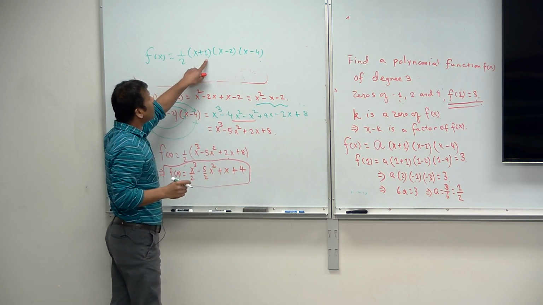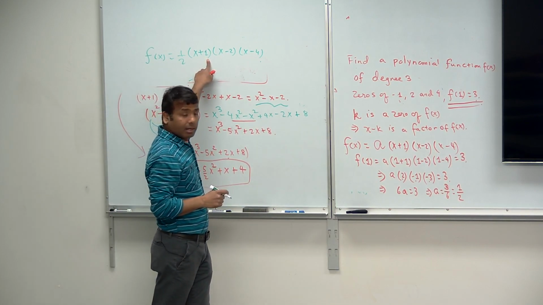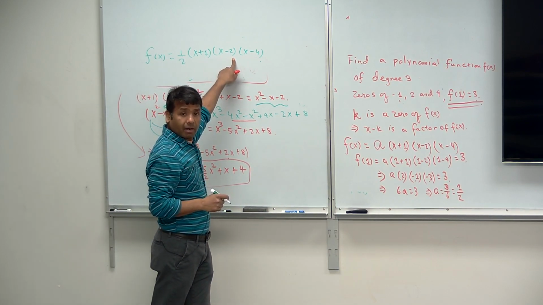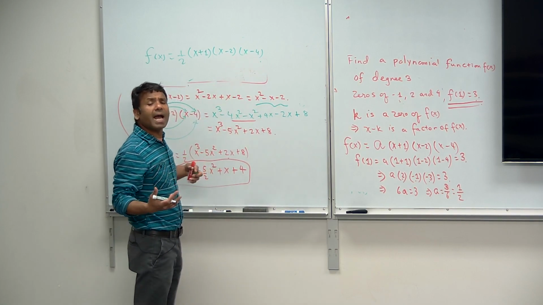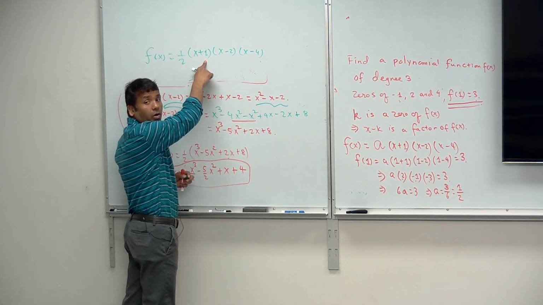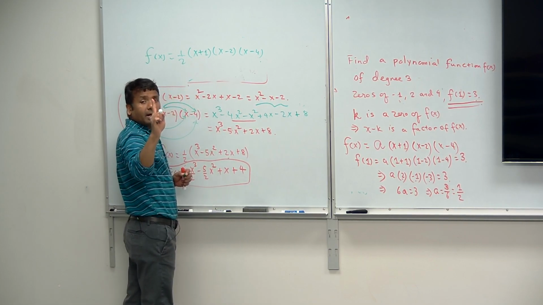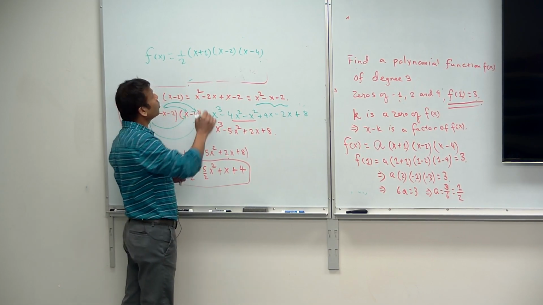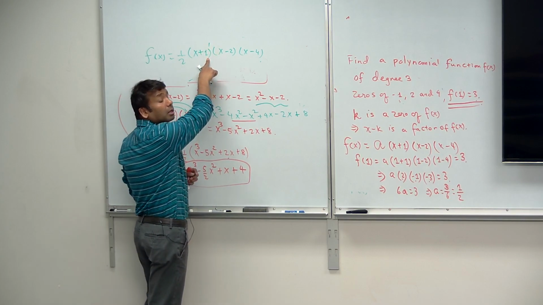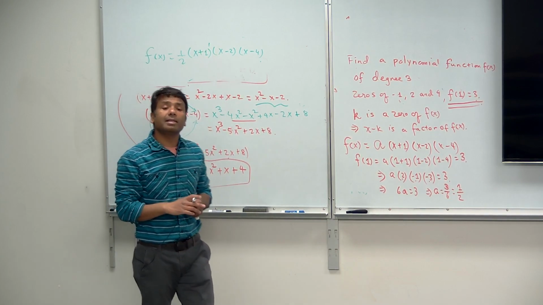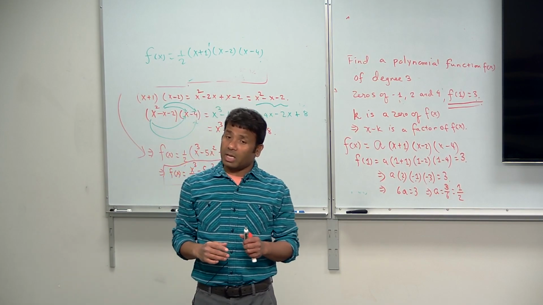Now you guys know that negative 1 is a 0, is that right? 2 is a 0, is that right? 4 is a 0, right? So how many times does negative 1 occur here? How many times does negative 1 repeat? Only one time. Is that right? So that's why negative 1 is a 0 of multiplicity 1.